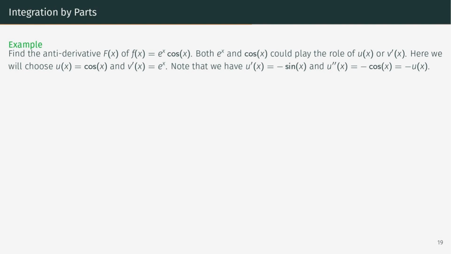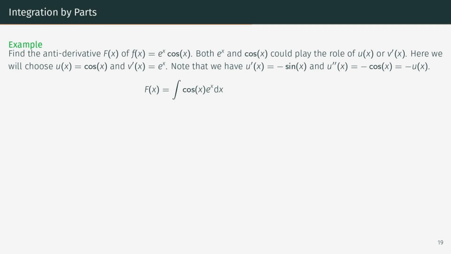We can then note that u prime of x equals the negative sine of x, and u double prime of x equals the negative cosine of x, which equals negative u of x. So we start by writing out the problem we want to solve.